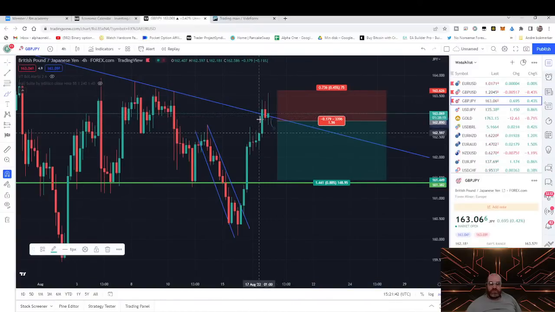We might go like this, come here, maybe go like up here again, and then you end up in a squeeze that you either go up or down.